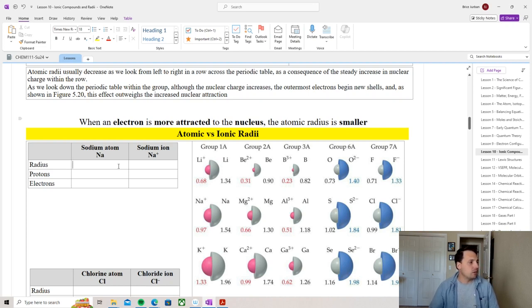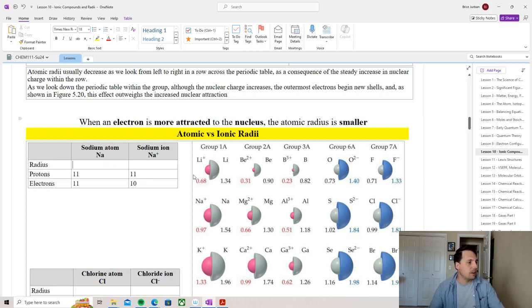If I have a sodium atom, which has 11 protons, 11 electrons, and I remove an electron, that's not going to change my number of protons, but it will change my number of electrons to become 10. So those 10 remaining electrons are going to now feel an increased pull towards the nucleus because they don't have as many electrons to negate that charge.